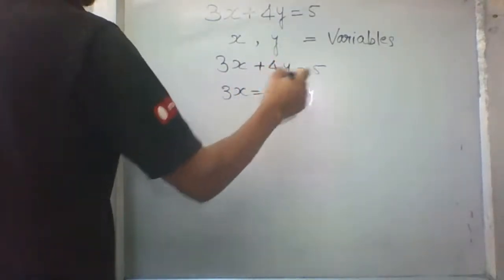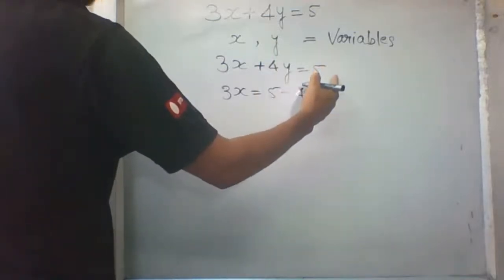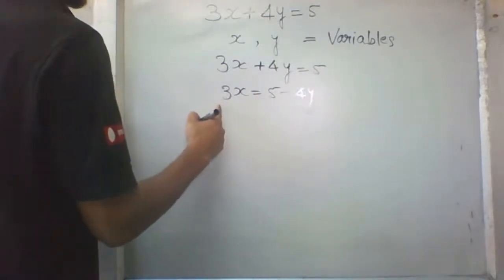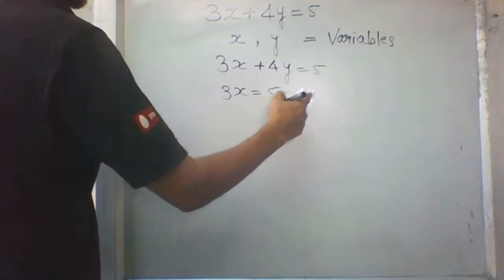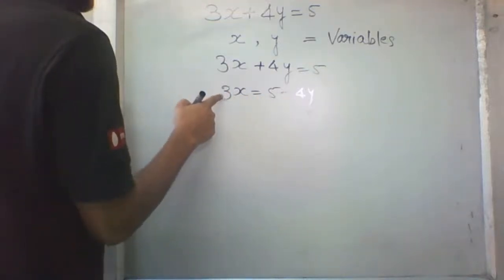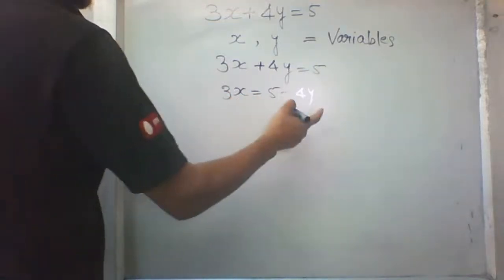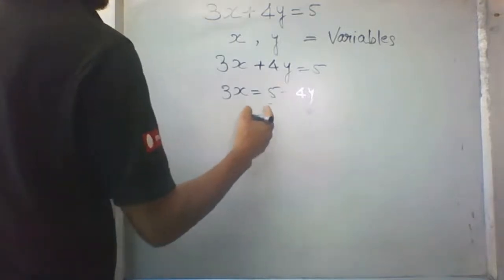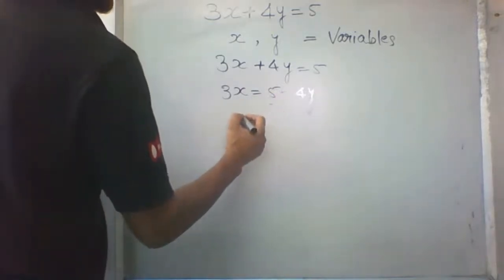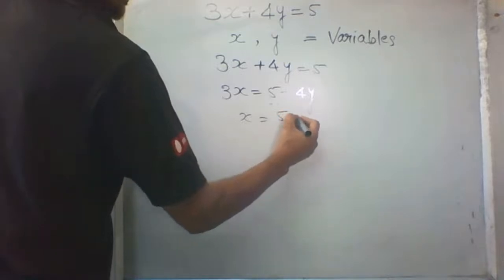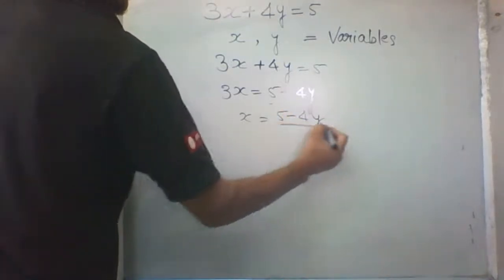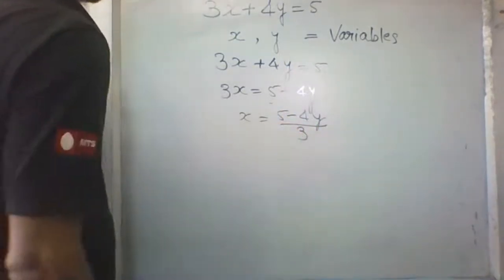I am taking this 4y to the other side of the equal sign. So the new equation formed is 3x is equal to 5 minus 4y, and the 3 goes down to this side. So x will be 5 minus 4y divided by 3.